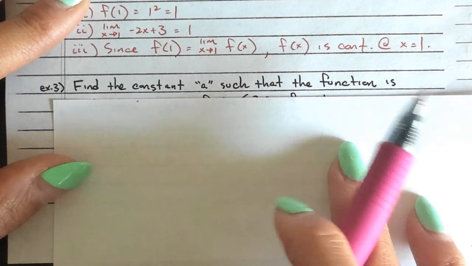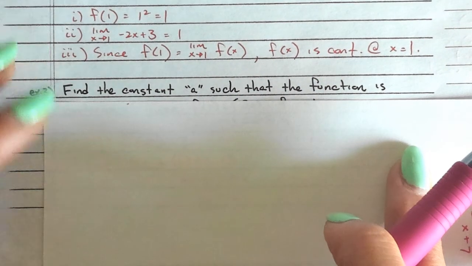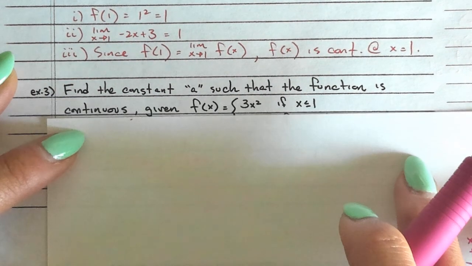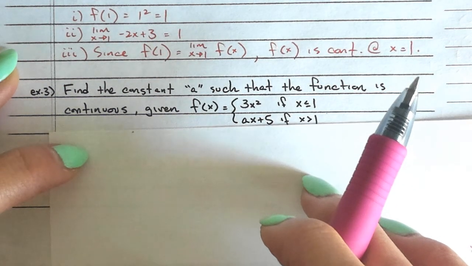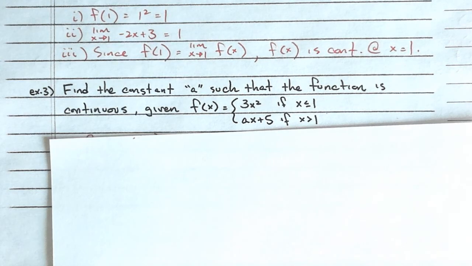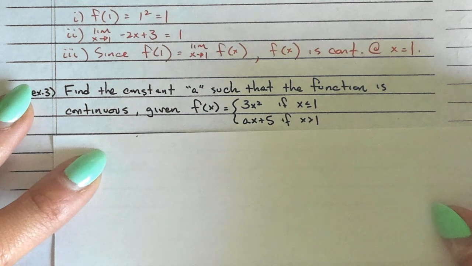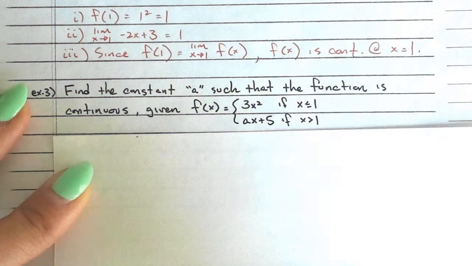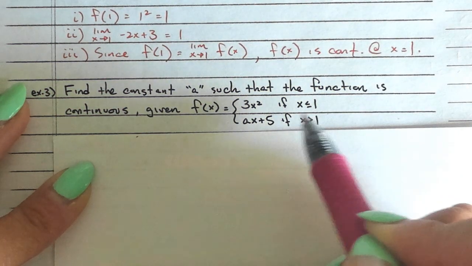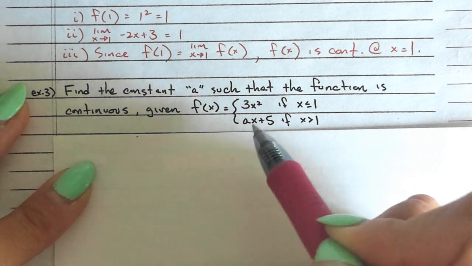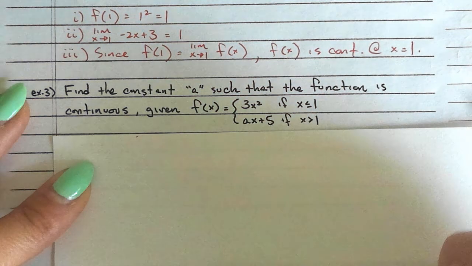All right, one more. This is different, sorry. Find the constant a, such that the function is continuous. Oh, so we want this to be continuous. All right, so for it to be continuous, there's a left side, there's a right side. I want the right side and the left side to be equal, right?